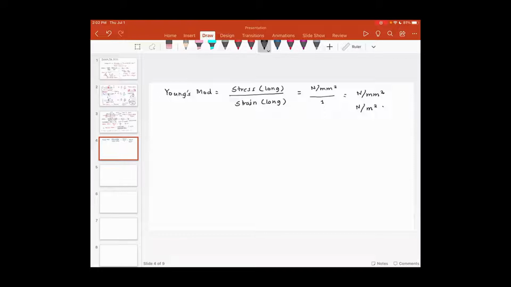So what I want to do here for a second, let's substitute some values.